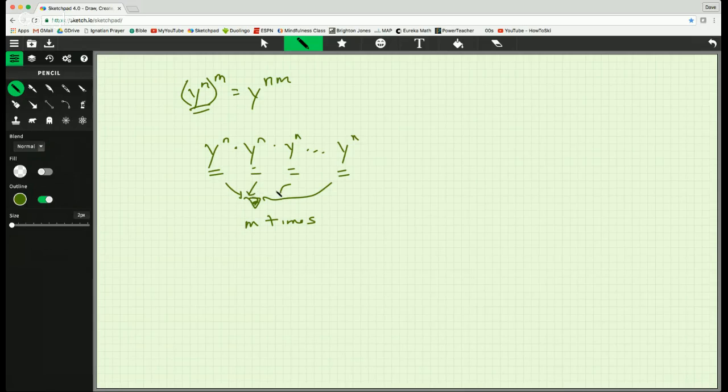So what I do is I say, well, I don't know how many m is because m is a variable. So I'm just going to draw a few y to the n's and put a dot dot dot y to the n, and I'm going to say, well, I do that m times. And so that would be equal to y to the n plus n dot dot dot, m times.